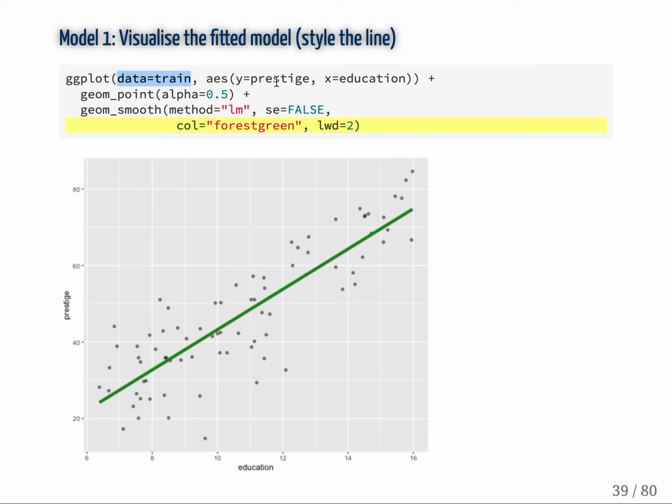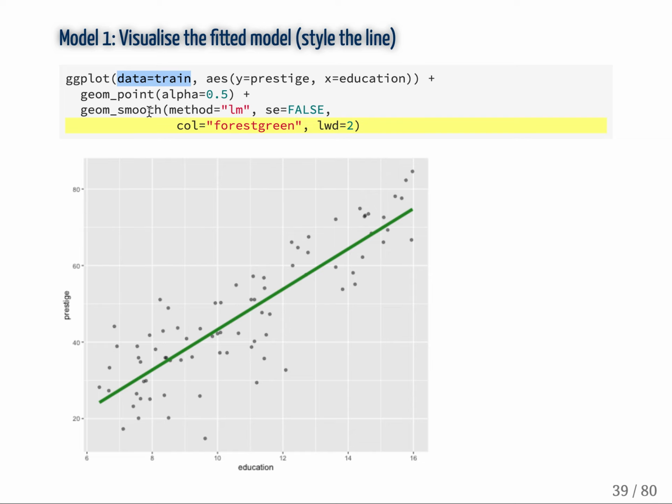My y variable is prestige, x variable is education. geom_point will add these points, and I have added alpha transparency to see through the points. If you have overlapping points, then you will get a dark color like this. There are a couple of overlapping points, that's why this one is a bit darker than the others.